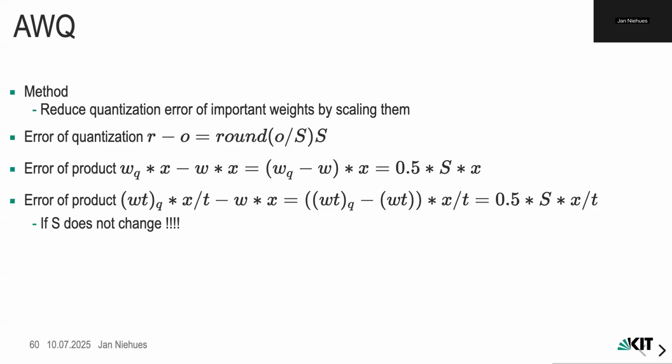Of course, we have to be very, very careful. It's not always the case, and that's why we can't just, I mean, that would be easy, multiply by 5 million and then we have mainly no quantization error anymore. That's not completely true, because we have assumed that our scaling factor stays the same. What is a scaling factor? Remember, the scaling factor depends on the maximum value that we want to quantize.